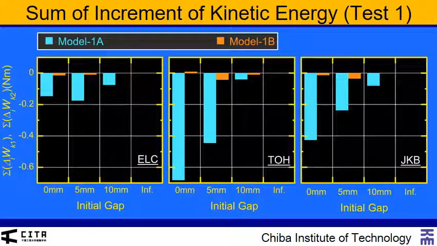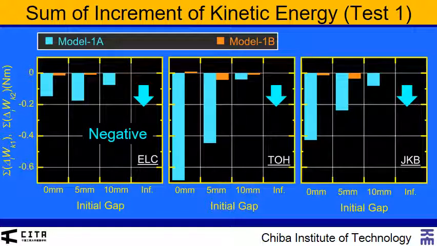Here is the sum of increment of kinetic energy in test 1. As shown here, the sum of increment of kinetic energy of model 1A is negative. This means model 1A loses kinetic energy as a result of collision. This trend is significant in the case of a smaller initial gap.